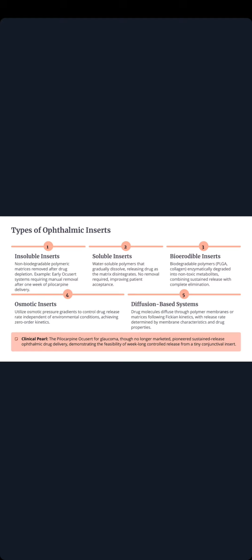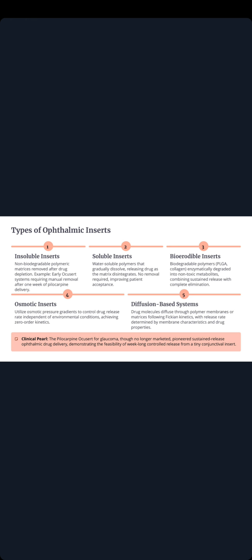They utilize the osmotic pressure gradient to control drug release rate independent of environmental conditions, achieving zero order kinetics. It means that the delivery system has a completely slow and predictable kinetic.